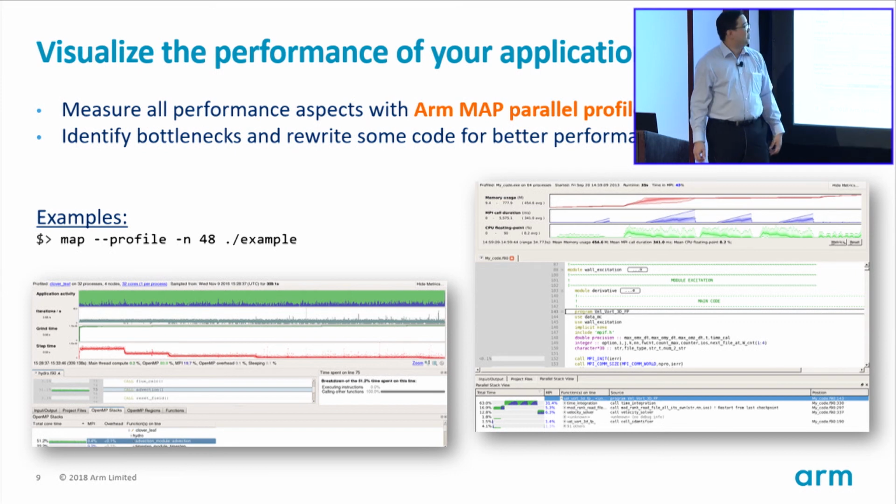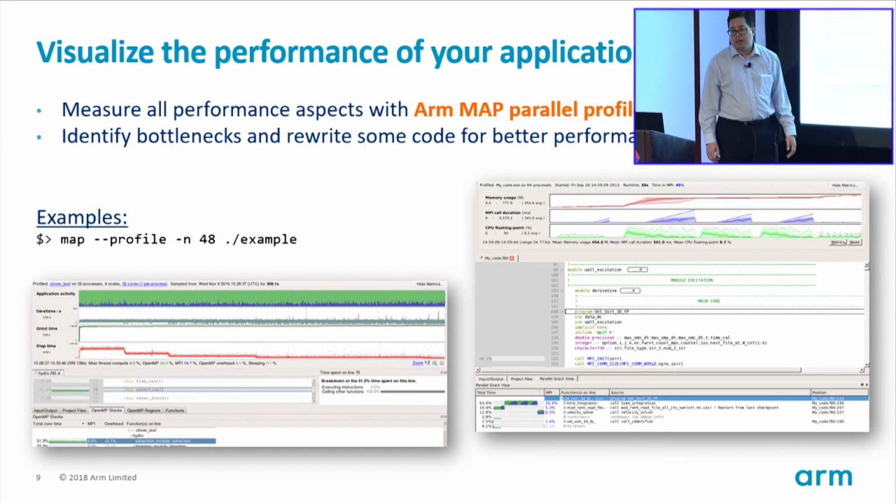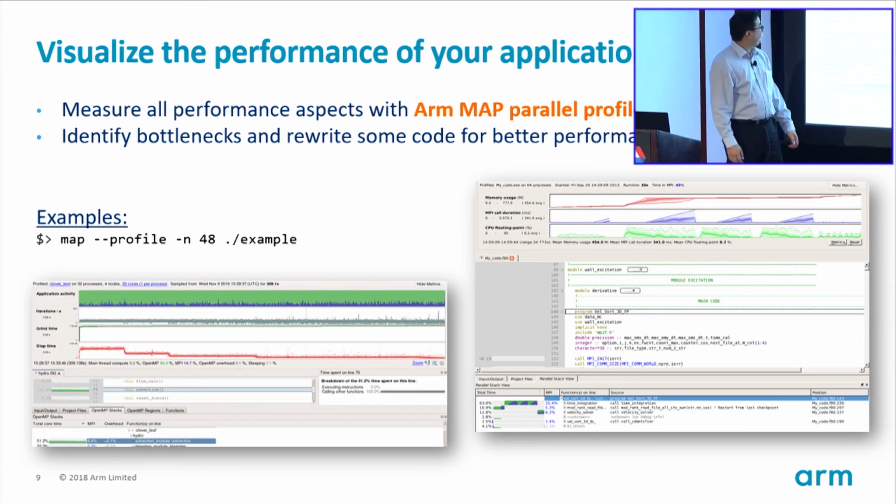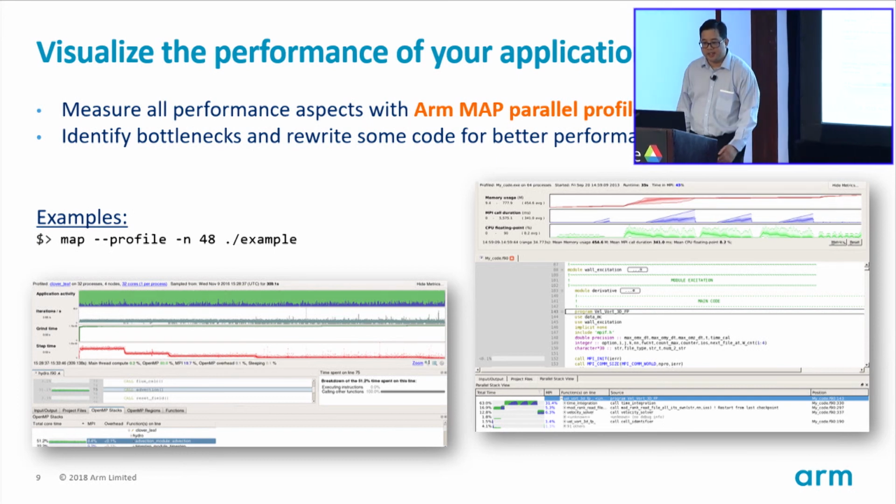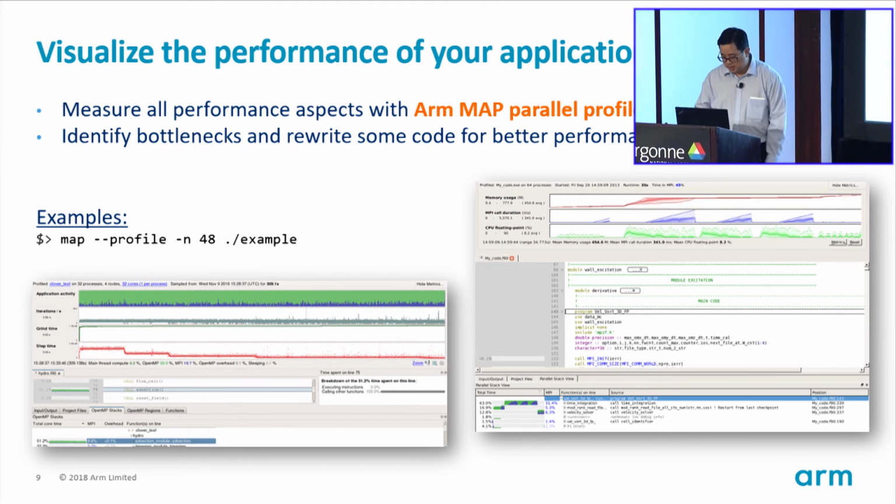Green is typically good. Blue is representative of communication. And if you notice that there's a lot more communication than you expected, there might be a problem in your code. You can also see the source code and the percentage of time spent at lines in various source code.